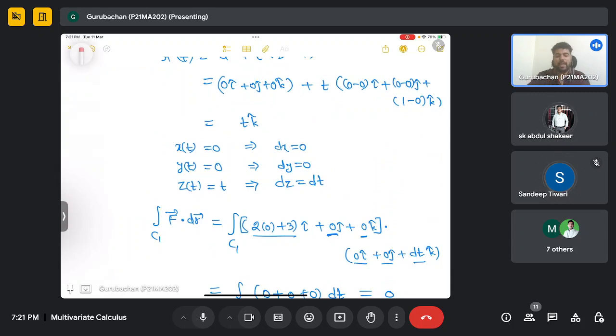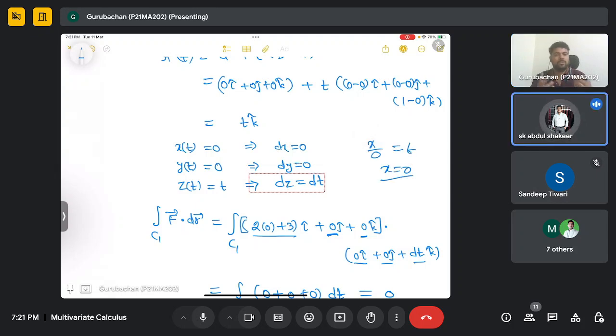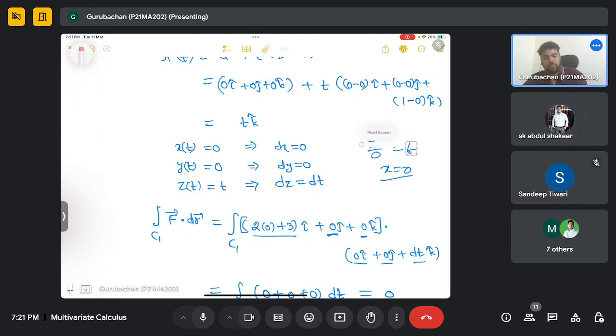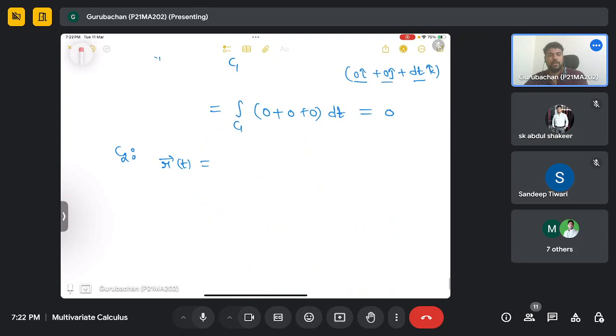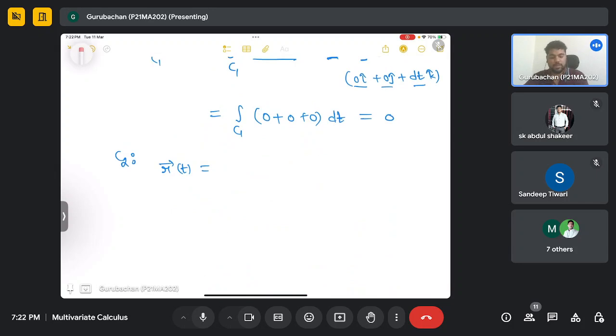Maybe someone will ask why you're writing x by 0 is equal to t, is equal to y. It is simple. So I'm just avoiding that, and so it will be more clear to you in writing this particular form. Okay, sir. Otherwise I have to recall that concept first.